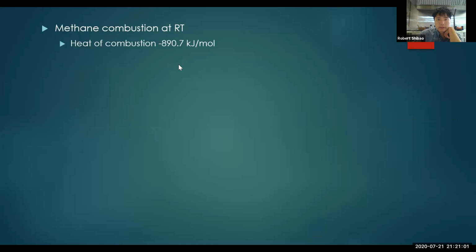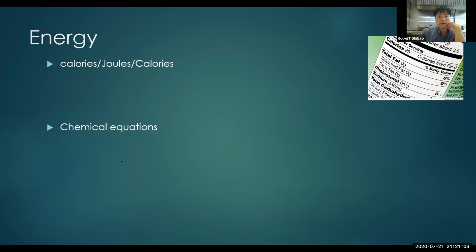So minus 890.7. In the chemical equation, there are different ways. What we're talking about is delta H. Delta is change and H is enthalpy. So delta H is equal to the change in enthalpy.